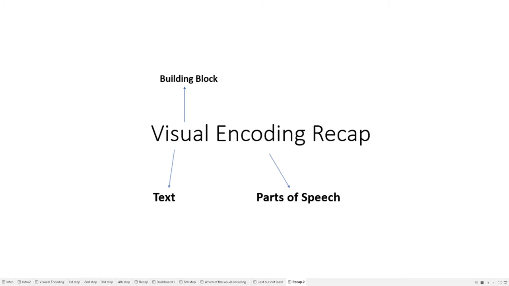When writing an article, you construct sentences and narrative using different parts of speech. So try to think of the different visual encodings we have covered as the nouns, verbs, and adjectives of graphics.